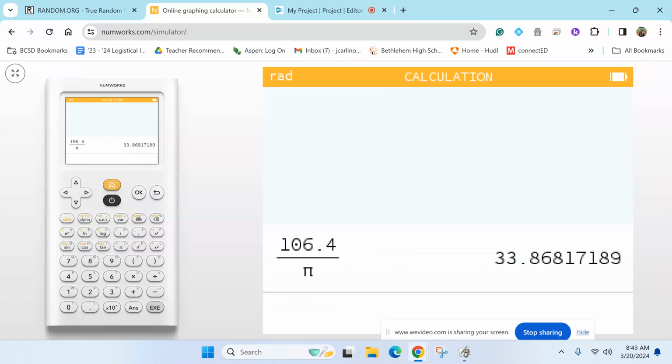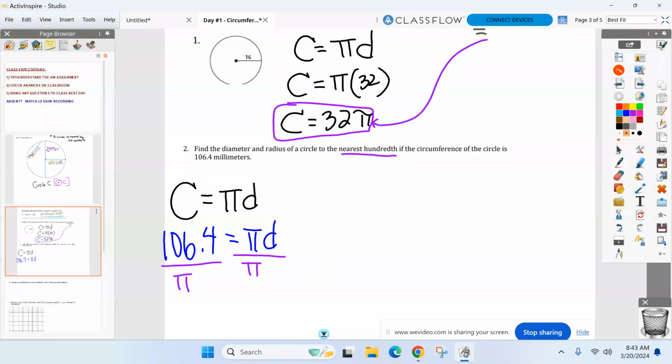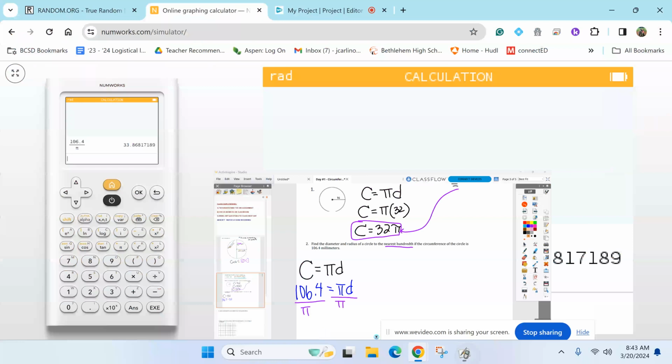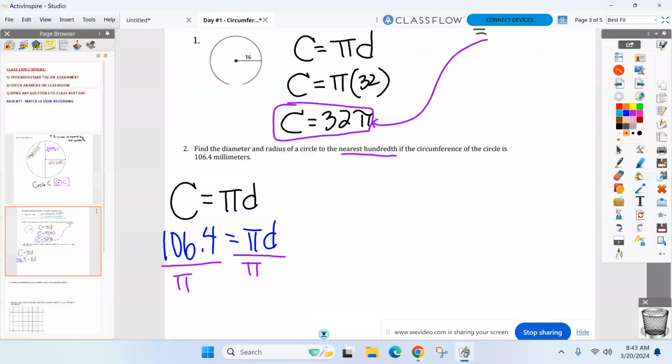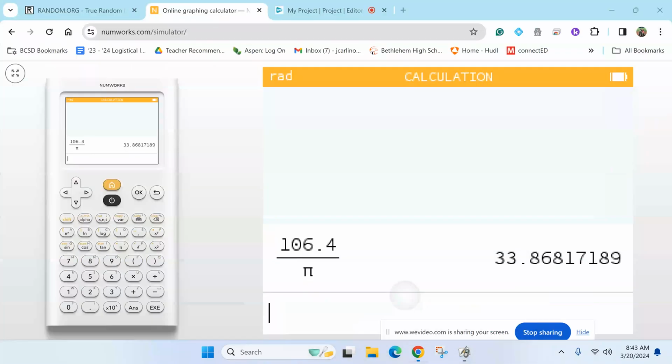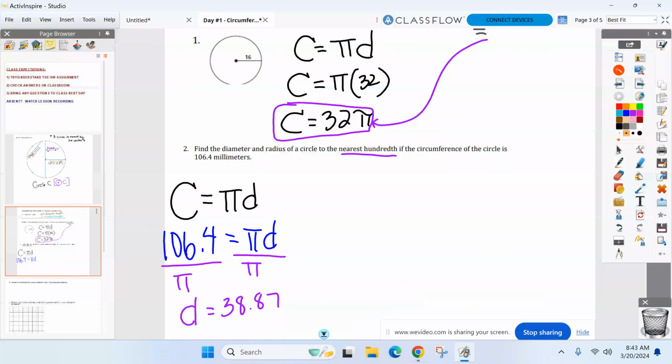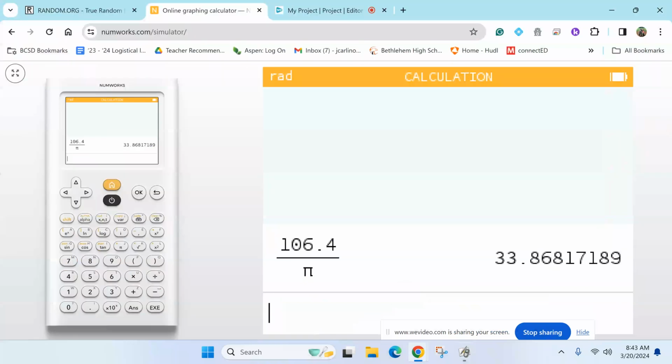Enter, and now we just got to remember how to round to the nearest hundredth. 33.87.